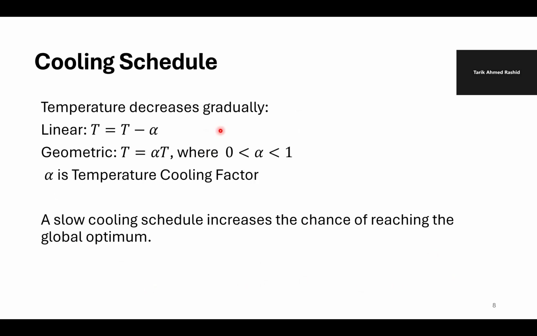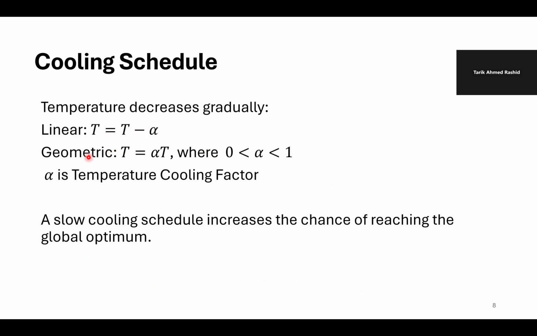Now the temperature decreases gradually. In the linear situation, temperature equals T minus alpha, and we'll come to alpha. What's alpha? Alpha is a temperature cooling factor.